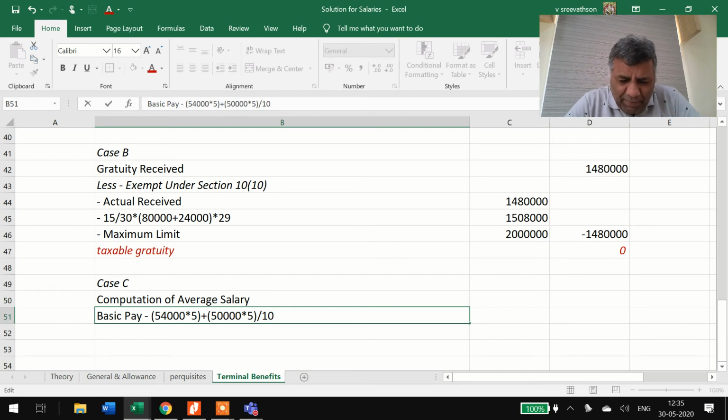Because 5 months back he had an increment of 4,000, technically 5 months back his salary was only 50,000 per month.